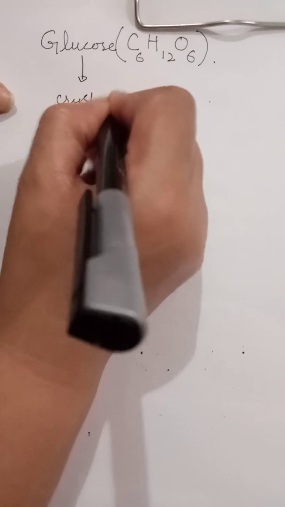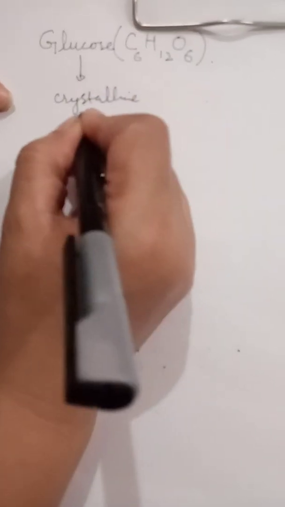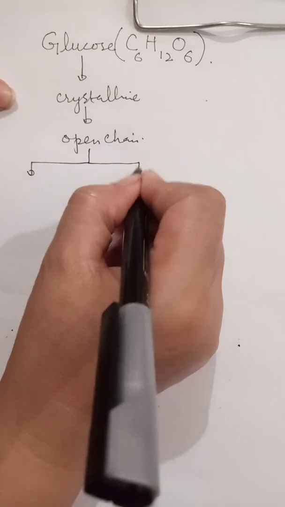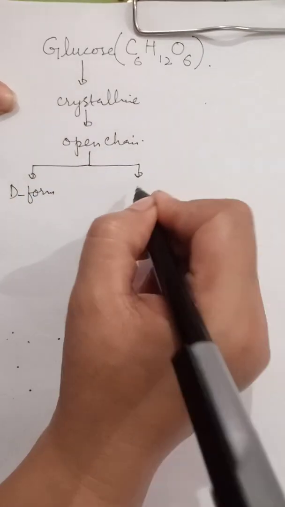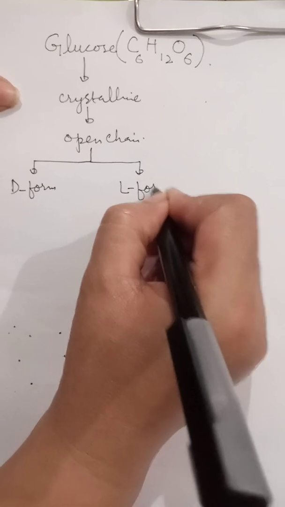It has both an open form and a closed or cyclic form. When glucose is in crystalline form, it appears as an open chain. Open chain forms of glucose are of two types: one is D form and the other is called L form.